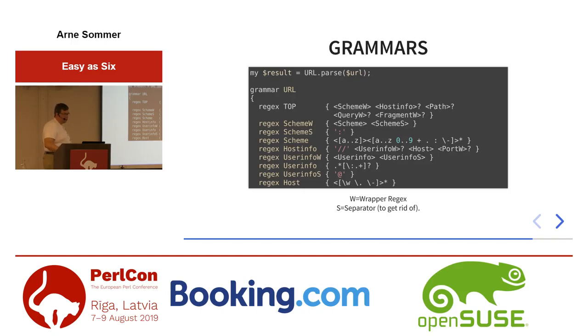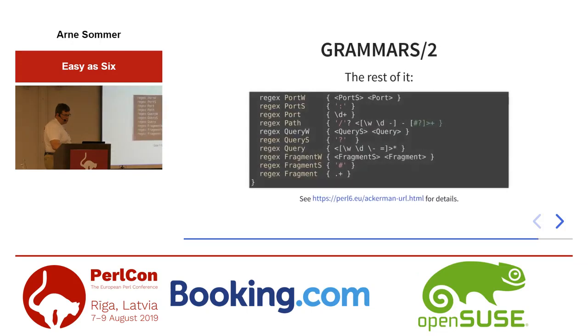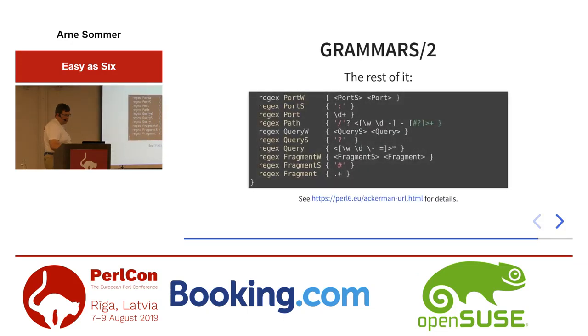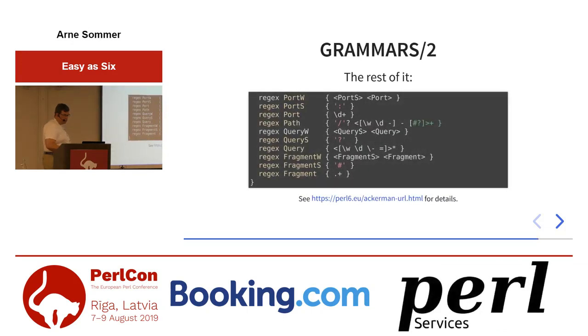Well, sort of, but it's much easier to understand. The rest of it. This was a Perl Weekly challenge, so the link at the bottom is to the article where I did this, if you want the details of it.